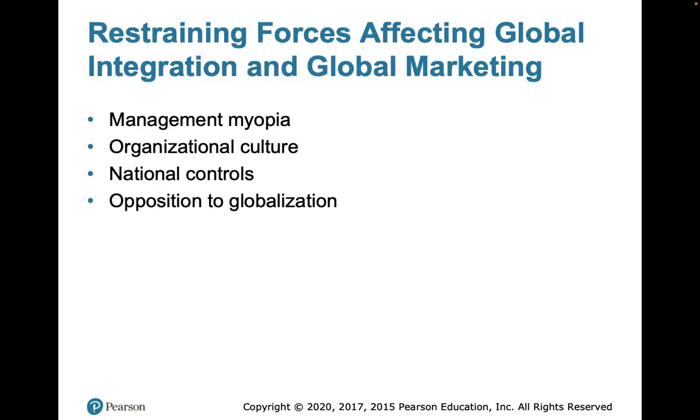Management myopia is about how management focuses on a certain aspect of their production process, thereby ignoring other aspects that are also very relevant to the success of their globalization or operations in the regions and countries where they operate.